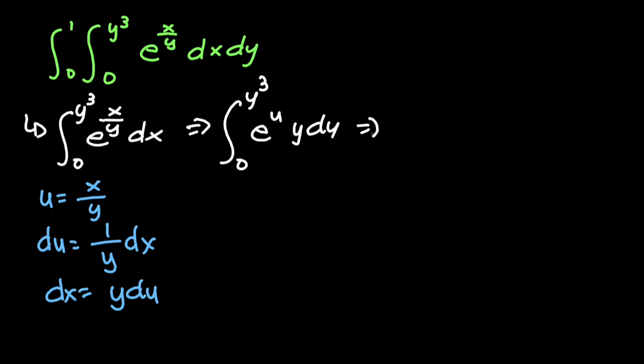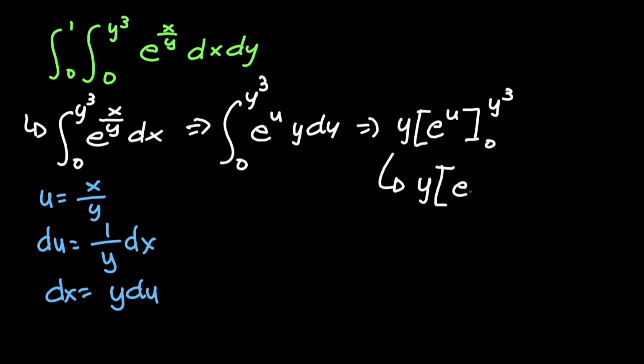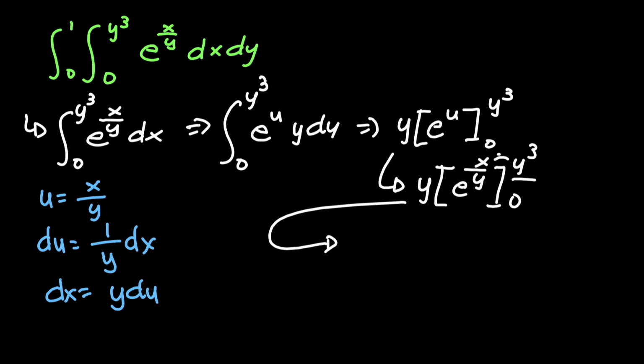The integral of e^u is simply e raised to the power of u. No need to change anything. And substitute u back into its original form, which is x over y. And substitute y cubed into the x value first.